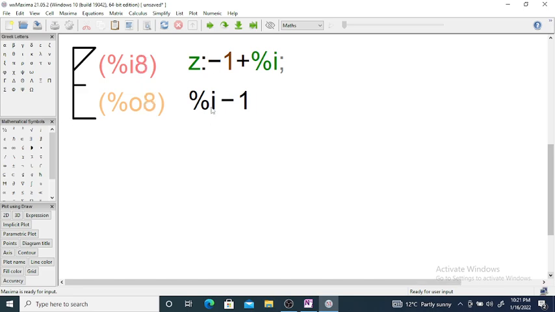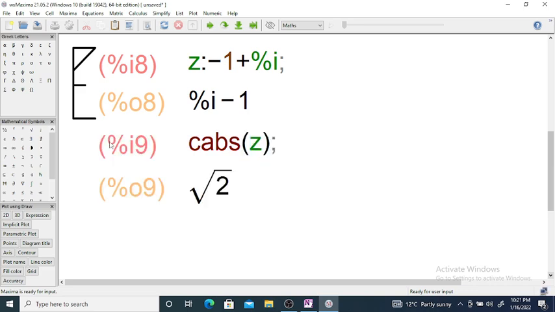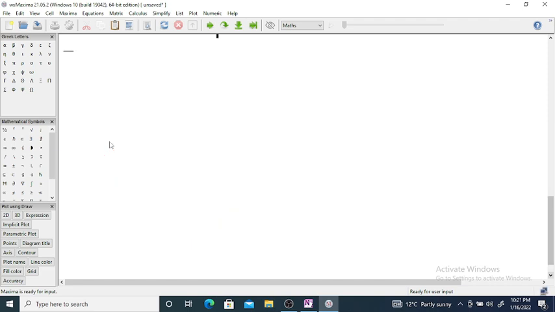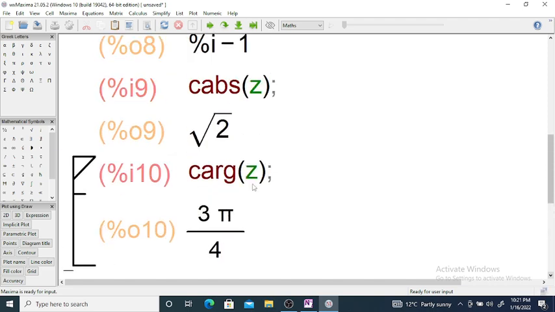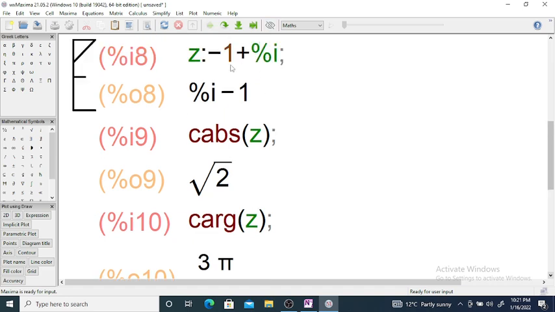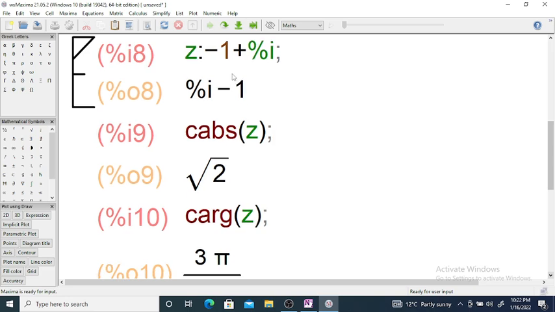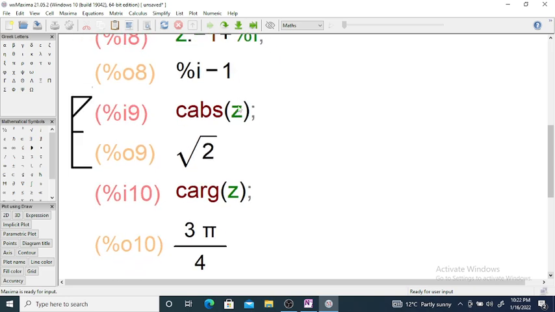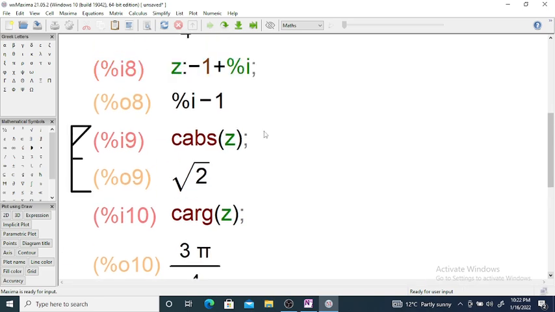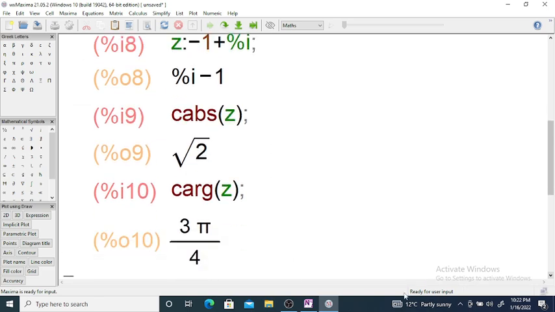So z is equal to i minus 1 is the given complex number. Then by using cabs of z, you get it is equal to root 2, and carg of z, the argument of z, you can check, it is equal to 3 pi by 4. So if z is equal to minus 1 plus i is the given complex number, then its modulus is root 2 and its argument is equal to 3 pi by 4. You can check here.